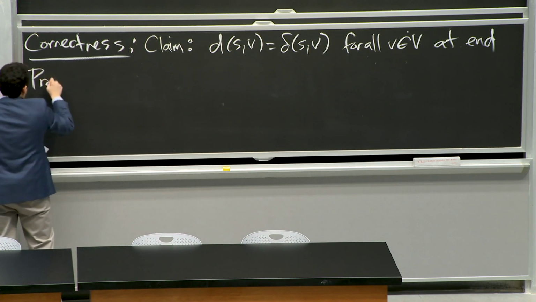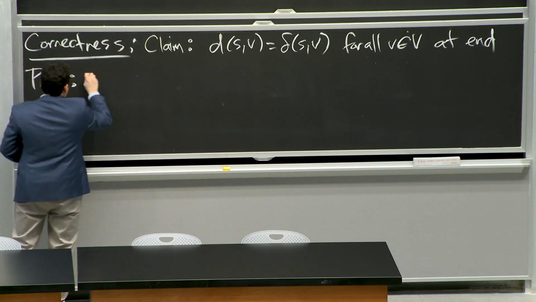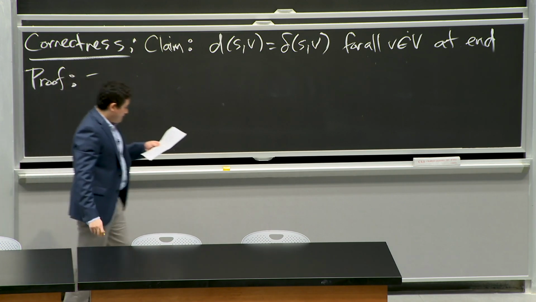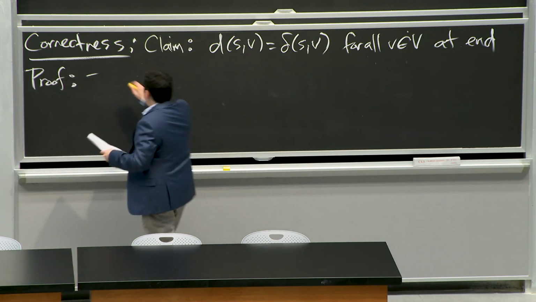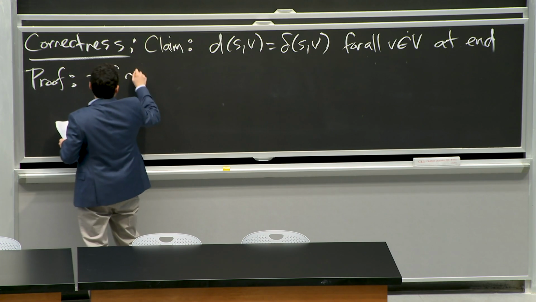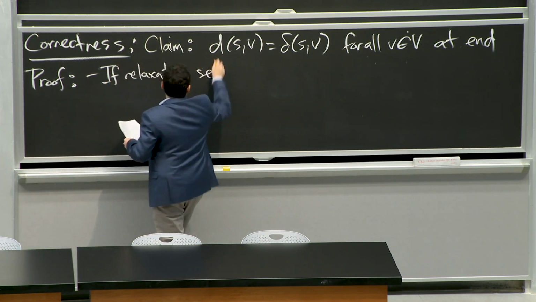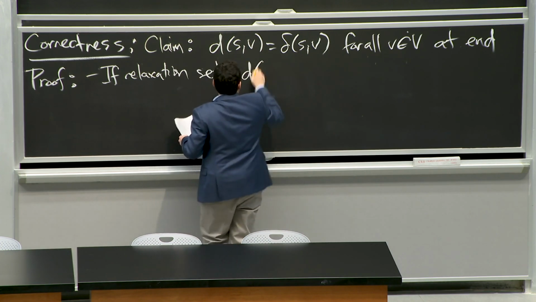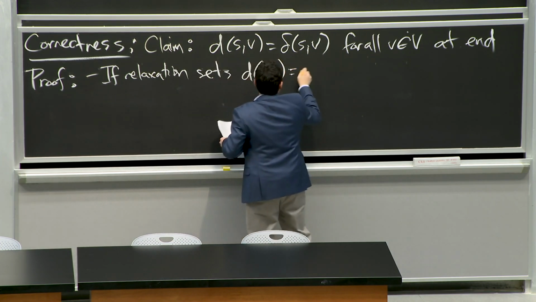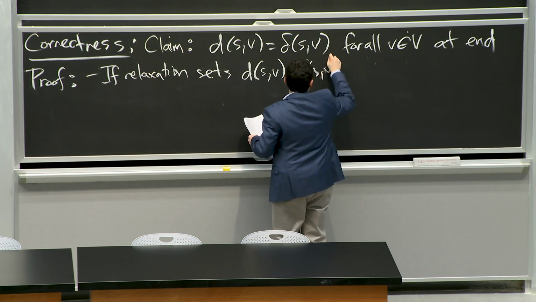So the proof here. First, if ever relaxation sets d of s, v, it sets the estimate equal to the shortest path distance.